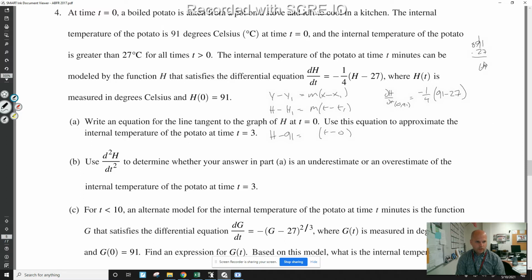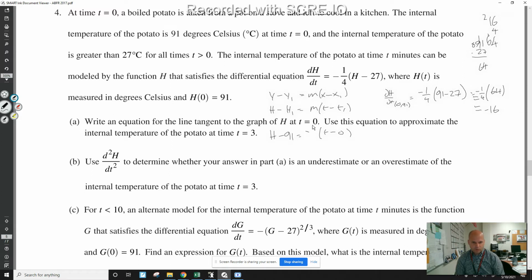That's 4, that's 64. I feel like I can divide 64 by 4, but I can't. It's 32. It's 16. 16 times 4. Yeah, it's 16. So this is just negative 16.